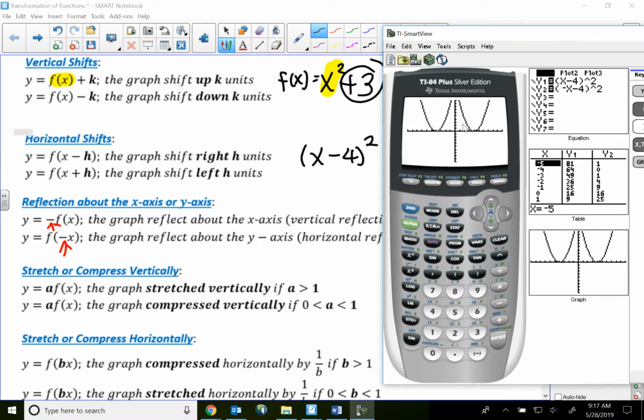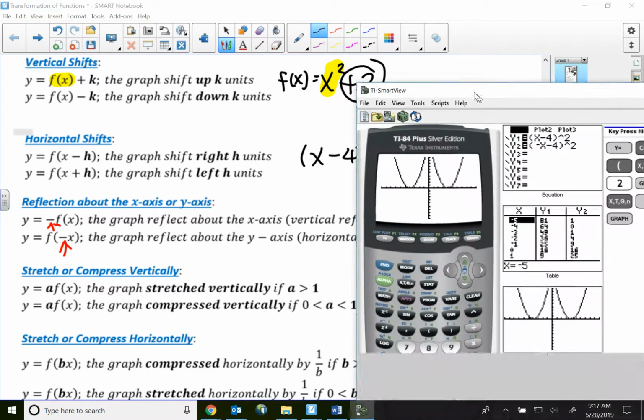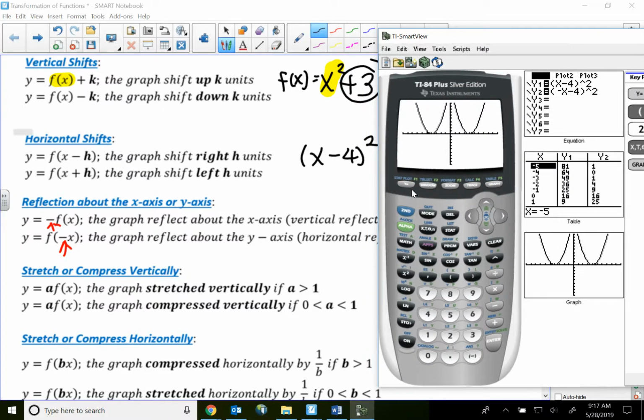That's why if you fold these pictures along the y-axis, folded vertically, this graph will imprint on the other side. That's what we mean by reflection about the y-axis. At the same time, by factoring out the negative, the vertex now becomes negative 4, 0.